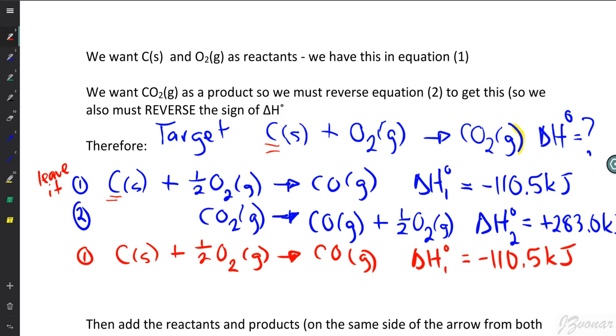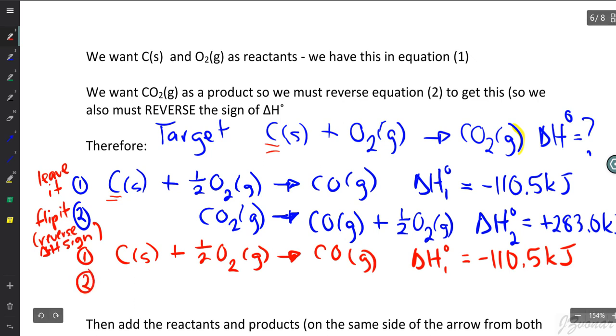Now, looking at equation 2 that was given, I see that my carbon dioxide is actually on the left side, but in my target equation, I want it on the right side. So I need to flip this equation. And if I flip it, I also need to reverse my delta H sign. Okay, so that's what I'm going to do here.